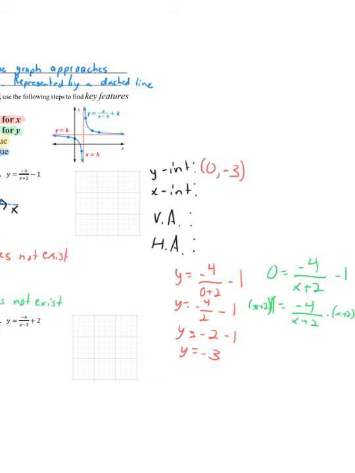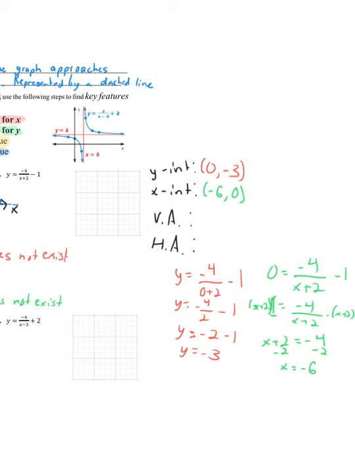Thankfully, I just have a 1 on the other side, because x plus 2 times 1 is x plus 2. So I get x plus 2 equals negative 4. And then I'm going to subtract 2 from both sides, and I get x equals negative 6. So my x-intercept was negative 6, comma 0. I plugged in 0 for y, I solved for x, and I got negative 6.